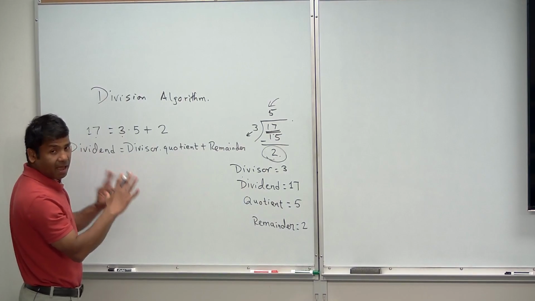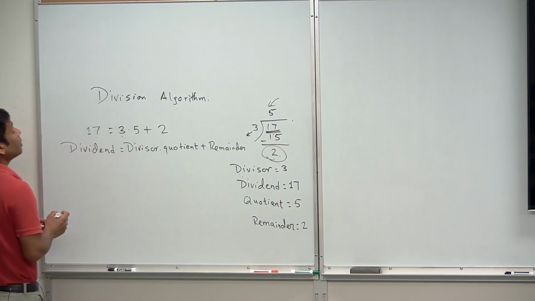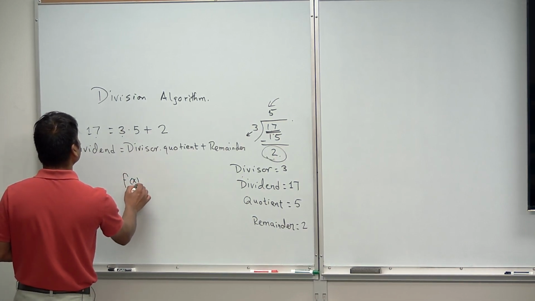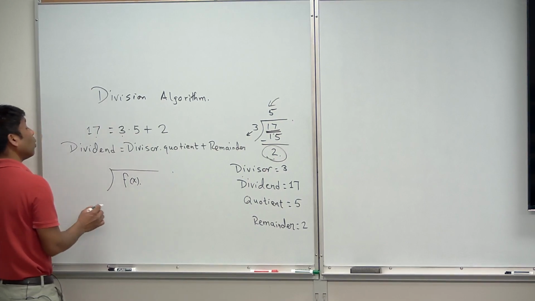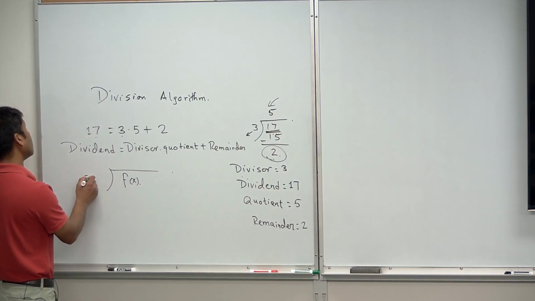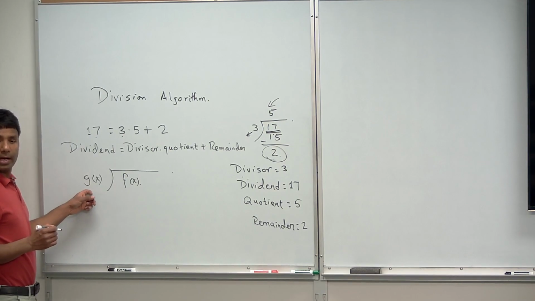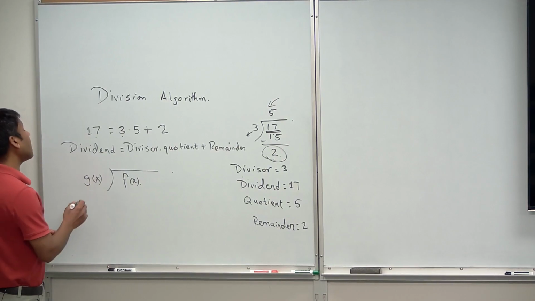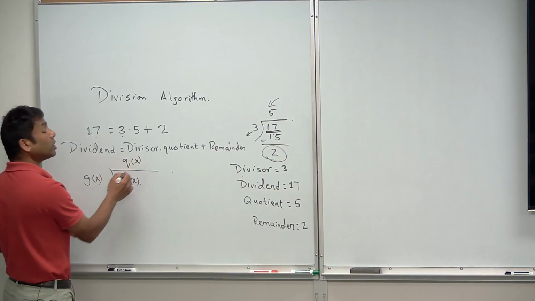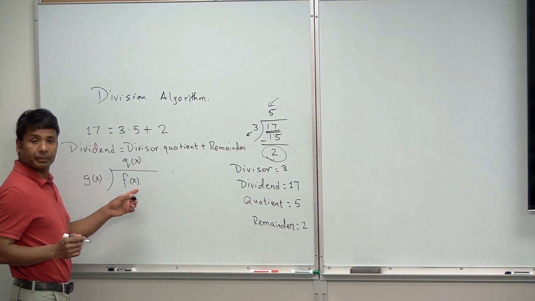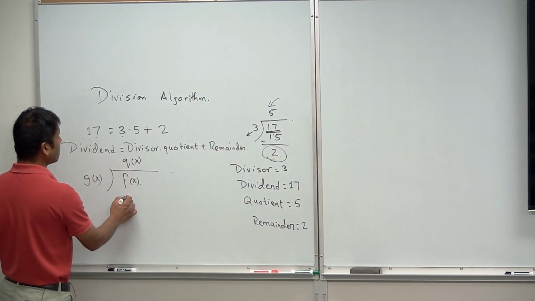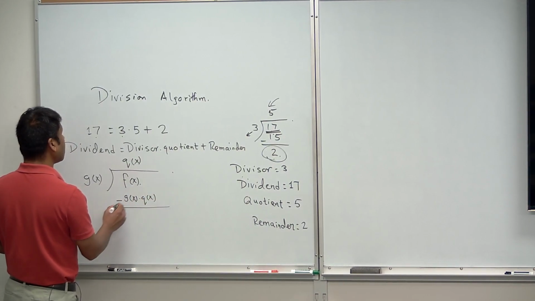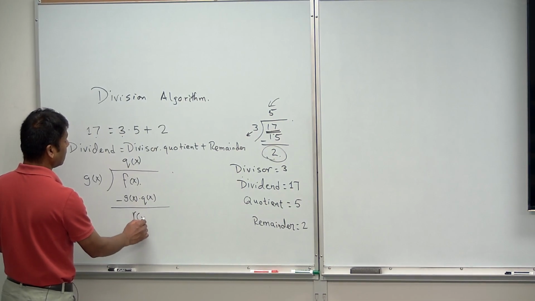If you want to do the same thing in algebra, let's say you have a dividend f(x), and you want to divide it by the divisor g(x). Then you have a quotient q(x). You multiply g(x) and q(x), subtract that, and you get a remainder r(x).